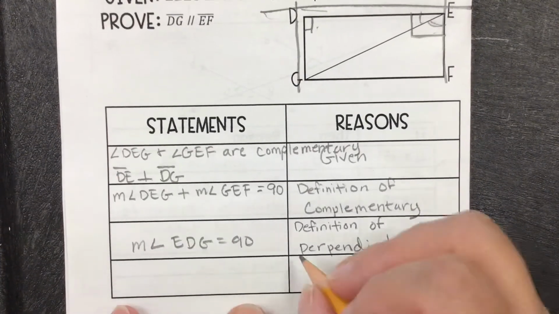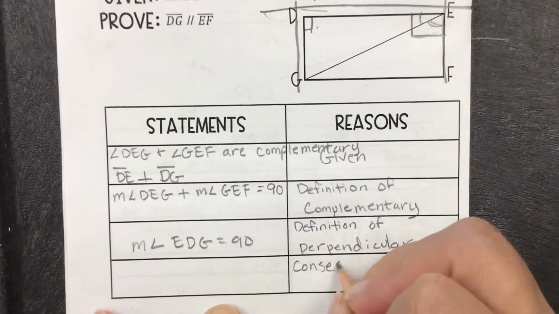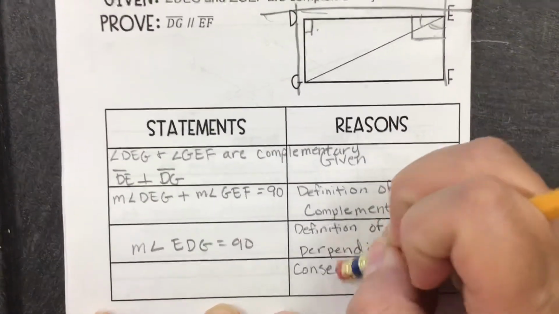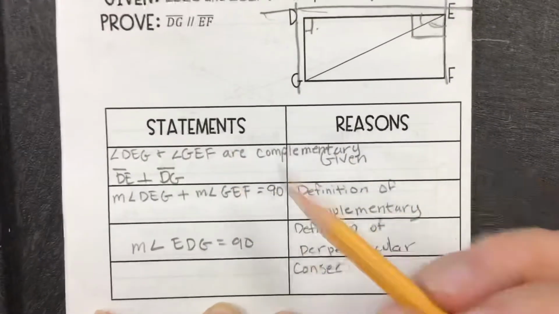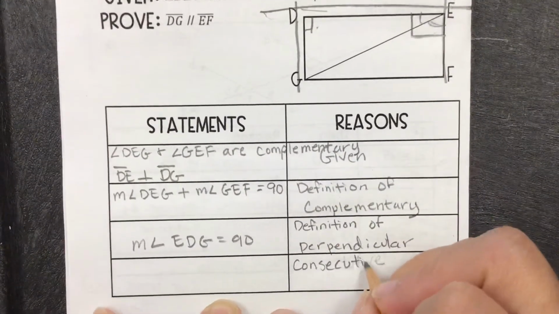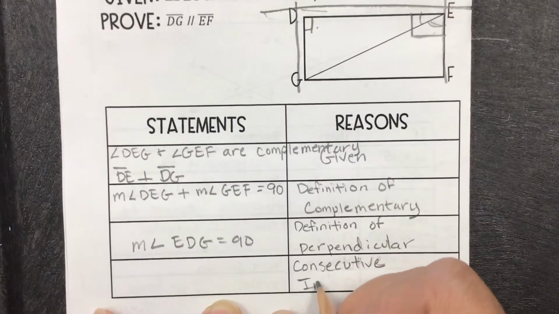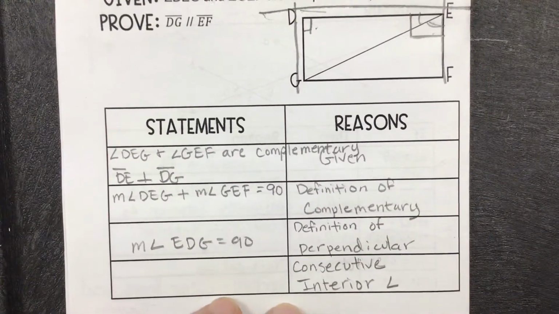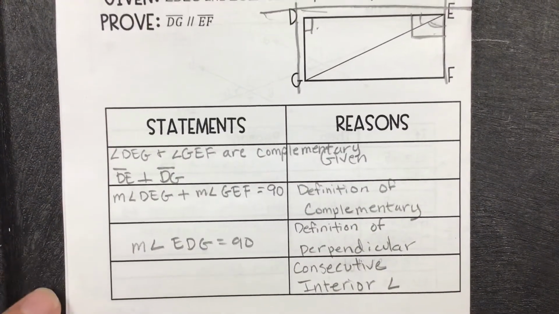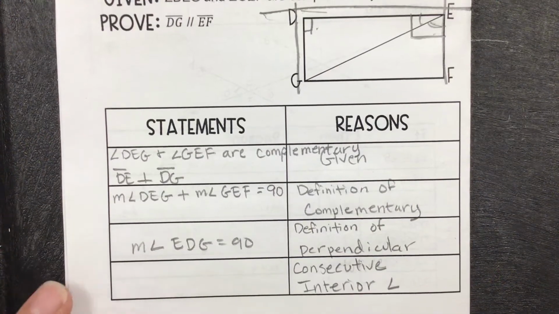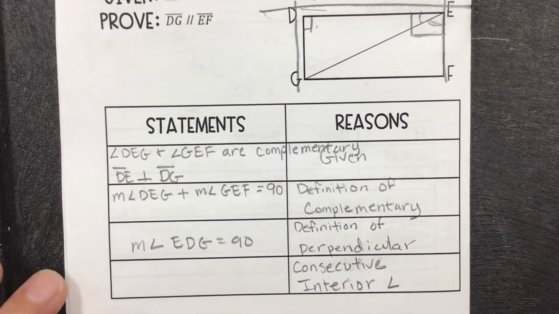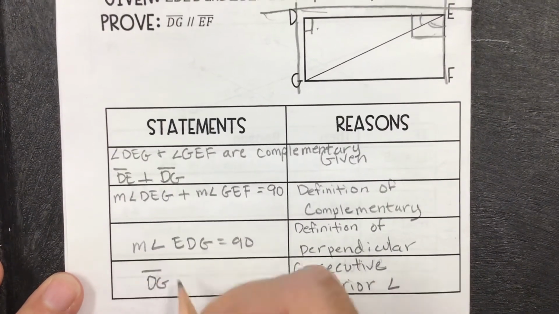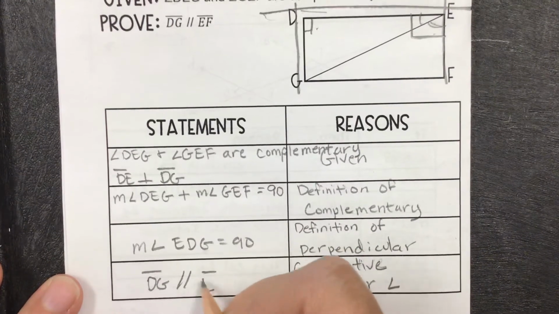That's enough to say that consecutive, I'm sorry, I put another T on there, consecutive interior angles are supplementary. That's what that theorem states, that they have to be supplementary. They're not equal to each other. And that gives us that the segment DG is parallel to the segment EF.